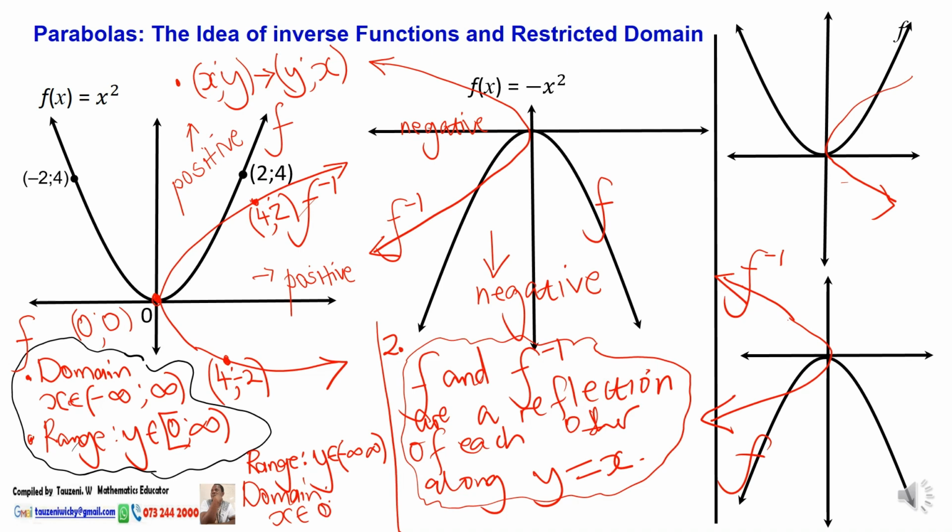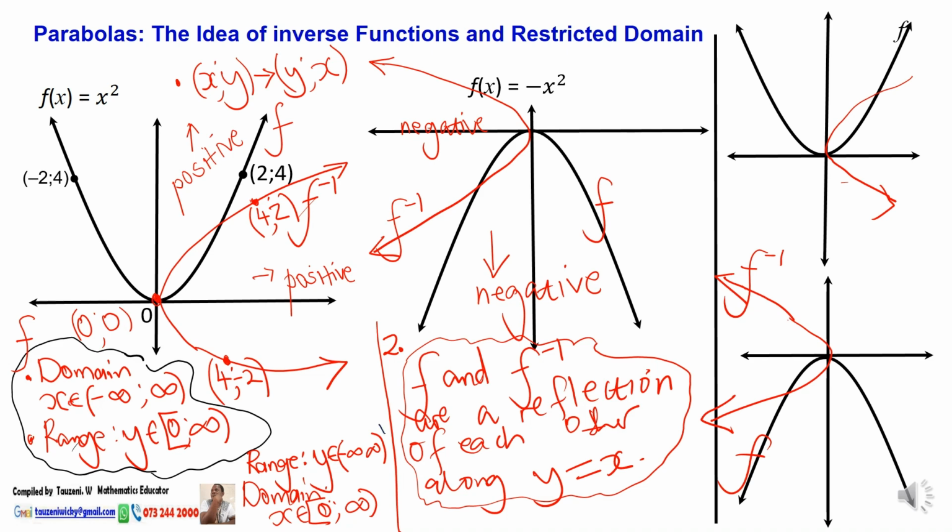So what you get there becomes the domain of the inverse. These are the details of my inverse. I can safely say that the range is from negative infinity up to positive infinity. The domain is from 0 up to positive infinity. Those are the details of my inverse as well as my original function.